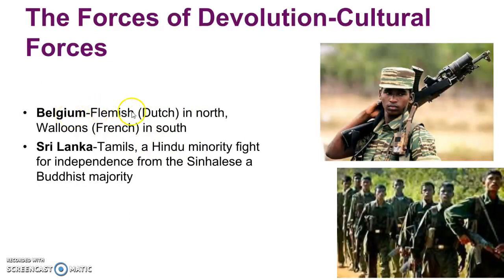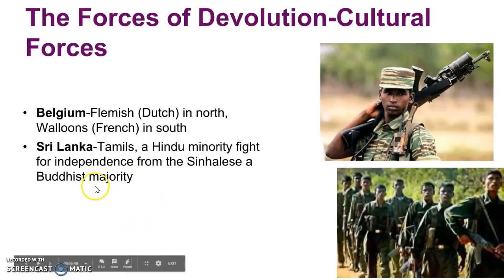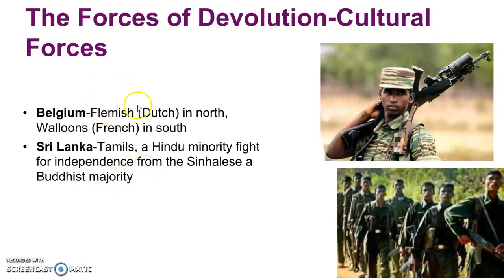Two more cultural forces. Belgium, we've definitely talked about the Flemish in the north and the Walloons in the south, breaking up Belgium. Sri Lanka, we have the Tamils and the Sinhalese, one being Hindu, one being Buddhist. And there are a lot of forces here working against each other because in Sri Lanka, the Tamils are surrounded by the Sinhalese, causing these major issues.